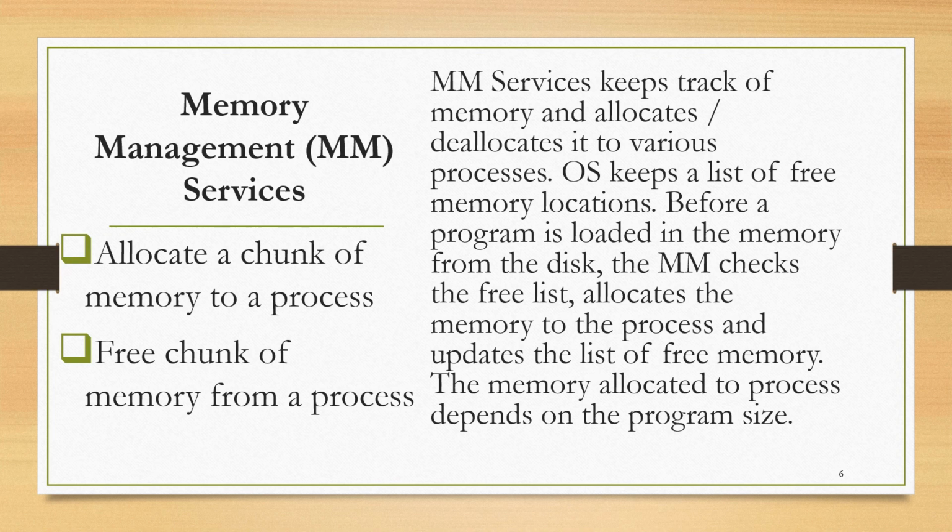Without loading, nothing can be performed. So when you're loading your program or data to the memory, there will be multiple programs and multiple data. Memory needs proper management. How much memory has to be allocated to which process? And when one process is over, how does the memory have to be released?